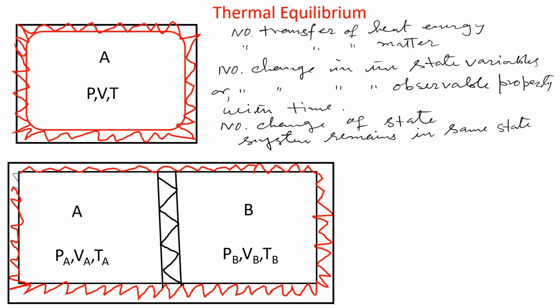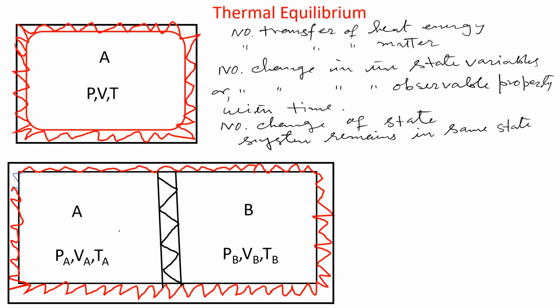So thermal equilibrium means that this observable property, temperature, will not change with time. As temperature is not changing with time, other parameters are also not changing. So the system remains in the same state. Then the system is in thermal equilibrium.